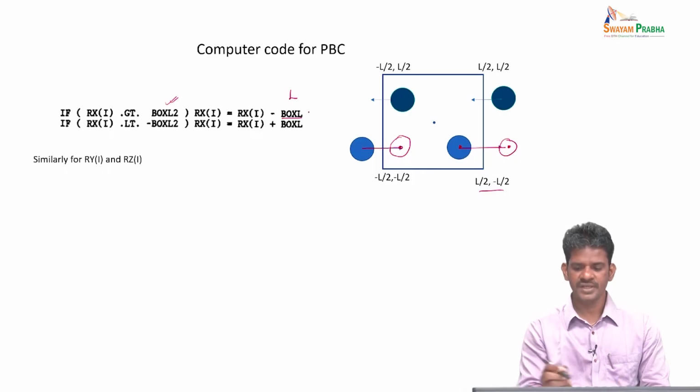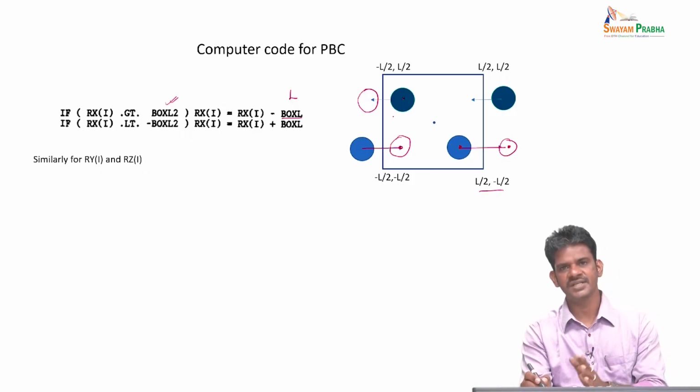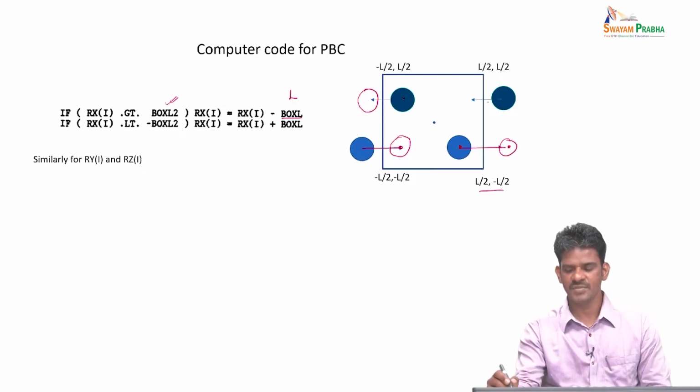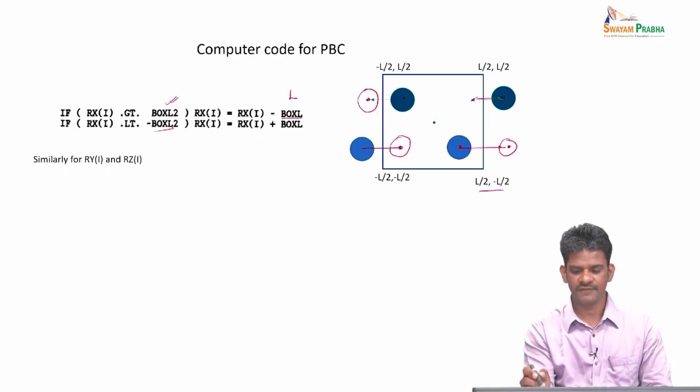It is also possible that the particle moves to the left. Suppose the molecule comes here, so it is crossing the left side boundary. Then the periodic image on the right hand side will push the particle in at this point. To check this condition, you check whether the particle position is less than minus L/2.